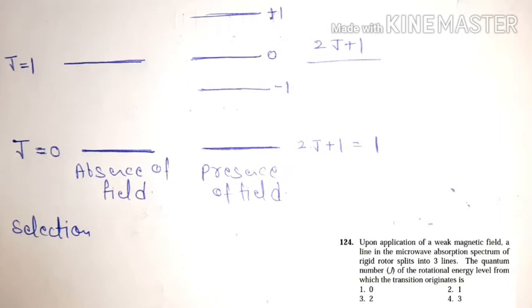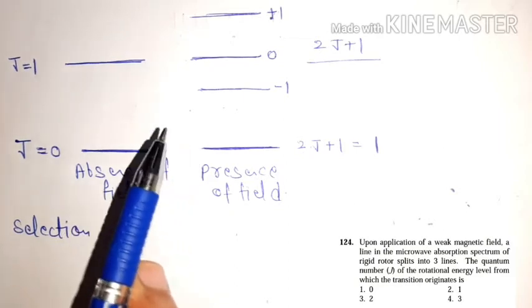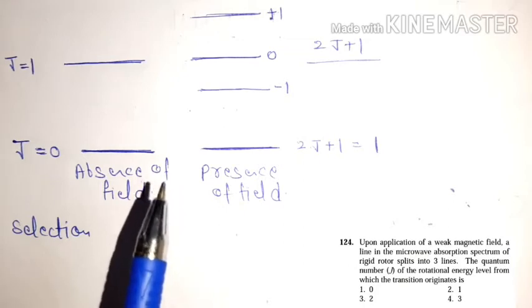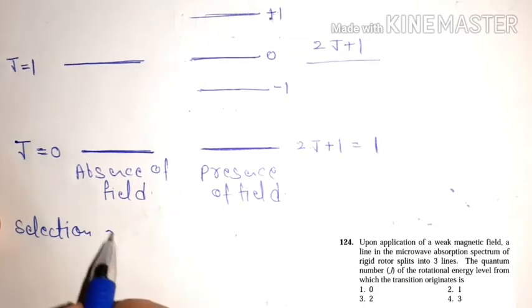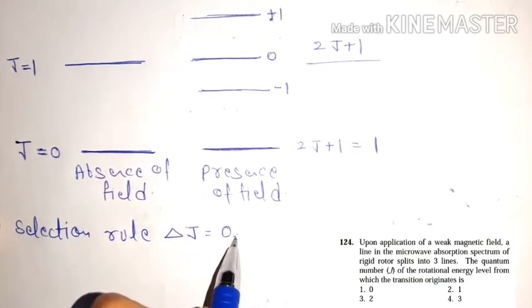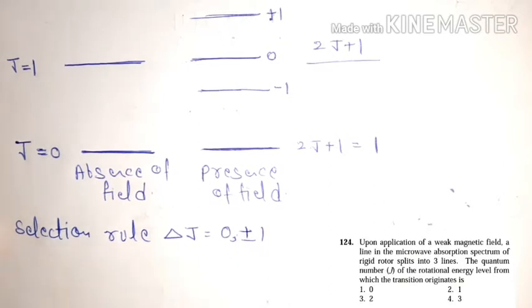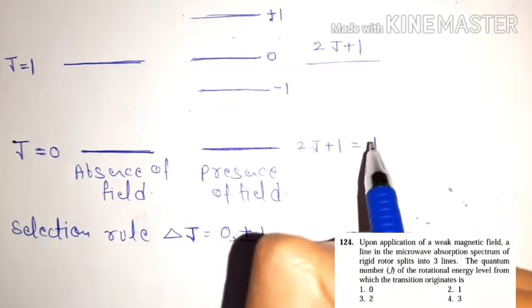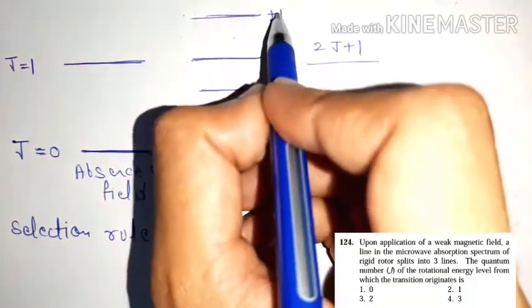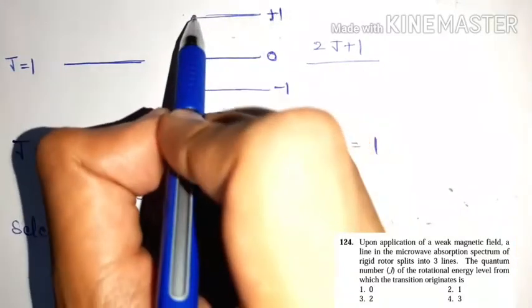In this problem, from microwave absorption spectroscopy, the selection rule says that delta j will be 0 or plus minus 1. So those transitions are allowed in which the difference in the j values is 0, plus 1 or minus 1. Here the value of j will be 1, here minus 1, here 0, and the value of j associated with this level is plus 1.